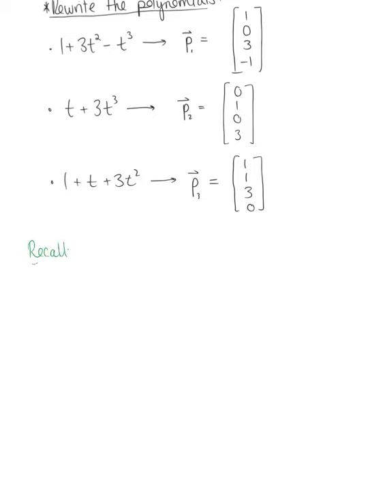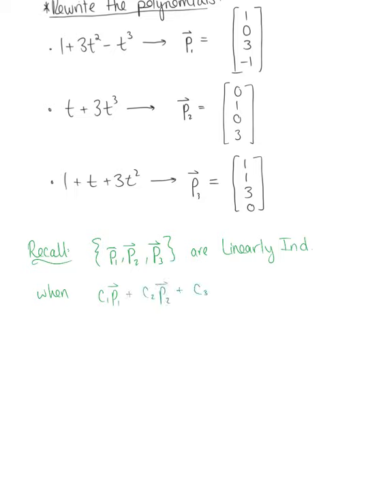We want to recall that a set of vectors, say p sub 1, p sub 2, p sub 3, are linearly independent when the vector equation c sub 1 times vector p sub 1 plus c sub 2 times vector p sub 2 plus c sub 3 times vector p sub 3 equals the 0 vector. So, when this homogeneous equation has only the trivial solution.